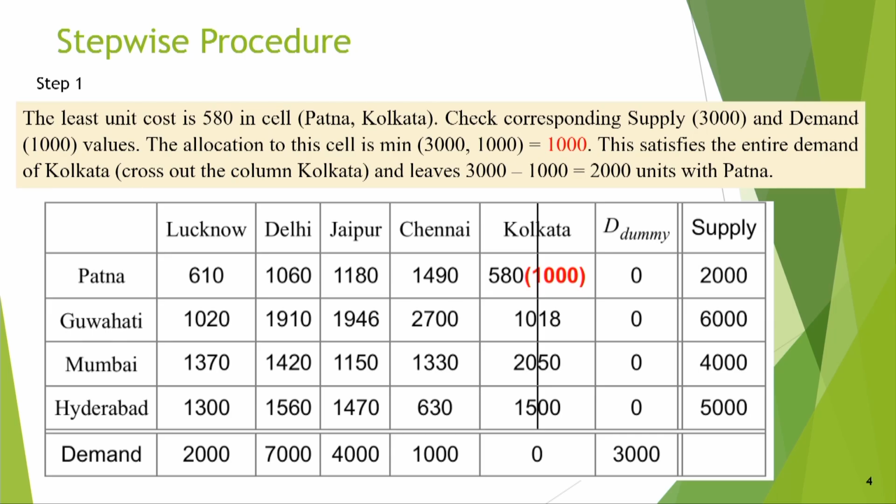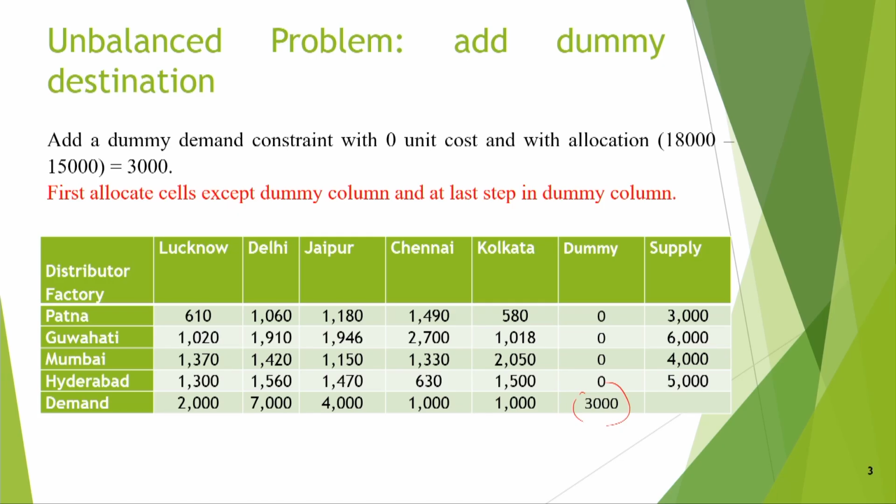But you have to check the corresponding supply and demand. Supply is 3000, but demand is only 1000. Naturally, the minimum of these two is 1000. That means Kolkata can take a maximum of 1000, so I can only give 1000 here.